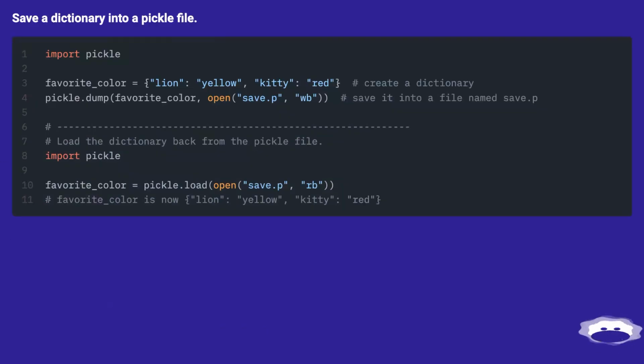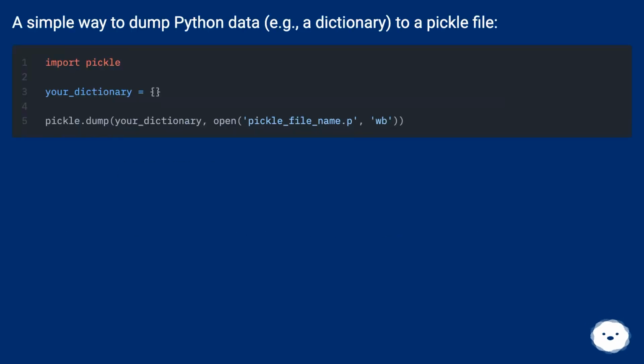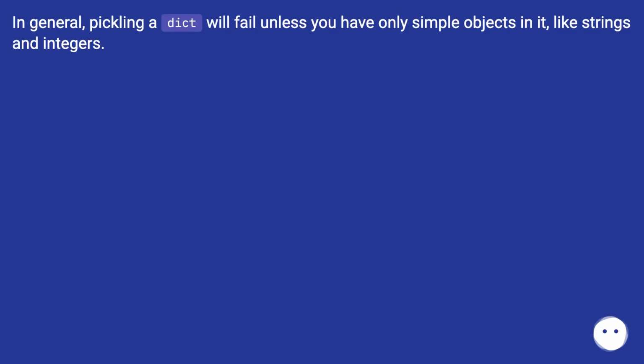Save a dictionary into a Pickle file. A simple way to dump Python data, e.g., a dictionary, to a Pickle file. In general, pickling a dict will fail unless you have only simple objects in it, like strings and integers.